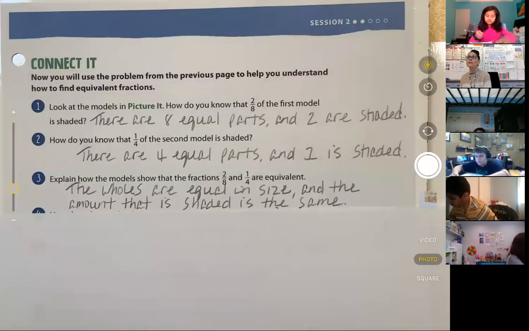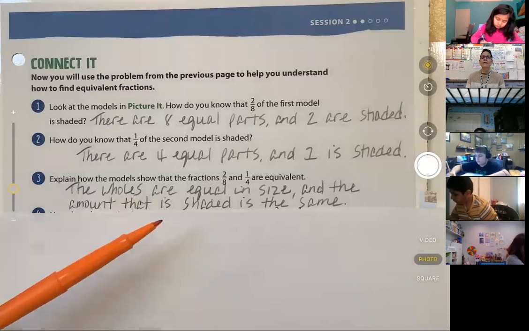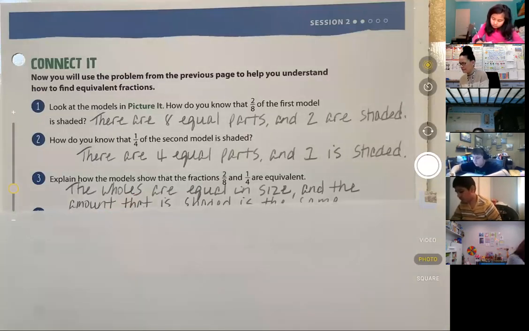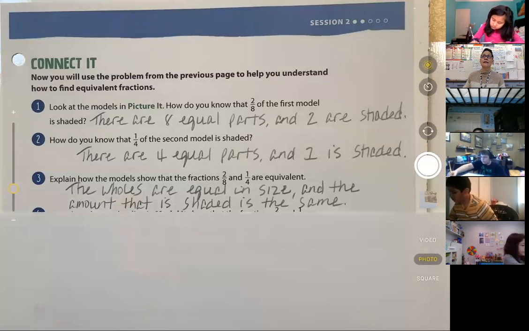The wholes are equal in size, and the amount that is shaded is the same.